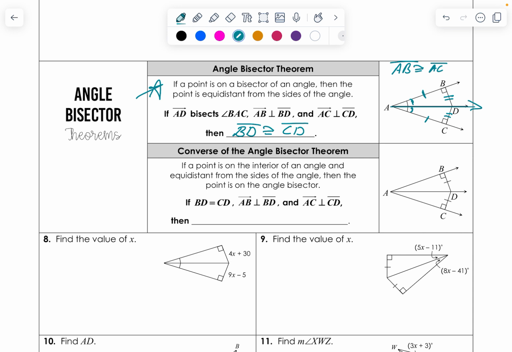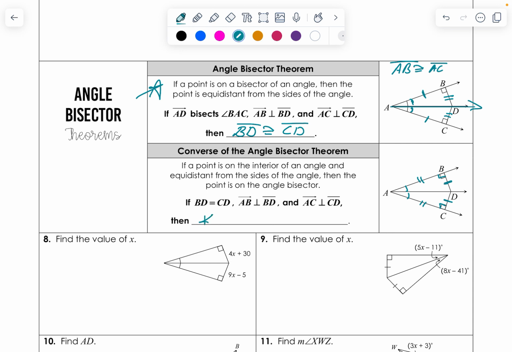And so the converse is: if a point is on the interior of an angle and equal distance from the sides, then the point is on the angle bisector. And so if we have these equal distances and they're perpendicular, it does also mean that AB and AC are congruent, but more importantly, it bisects the angle. Then the point is on the angle bisector.